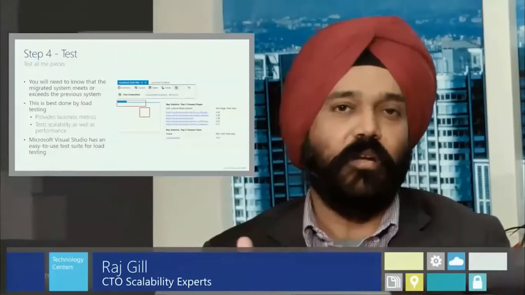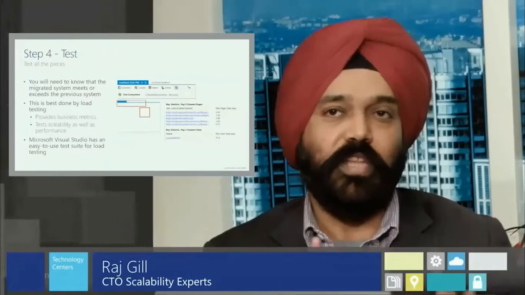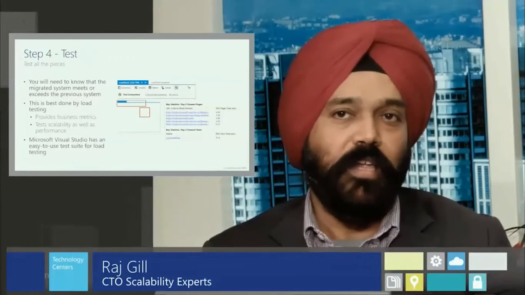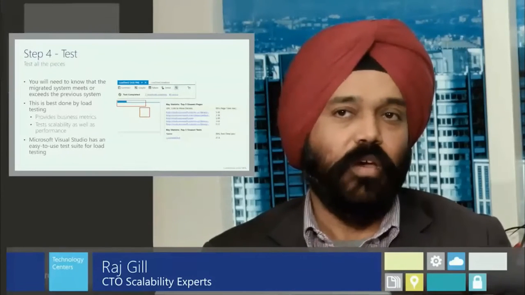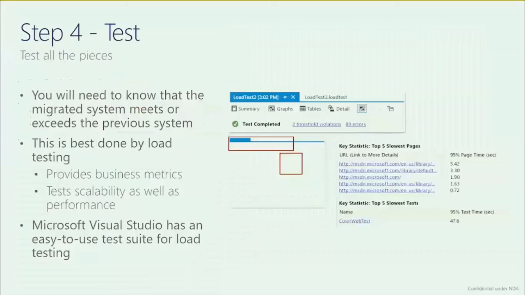So step 4, as we talk about progressing our 5-step migration process, is again coming back to the idea that you want to have a pretty solid plan to test your application. And if you notice, Kevin, as we go through these steps, we focus so much on testing and validation.